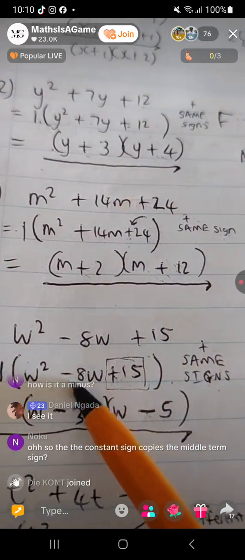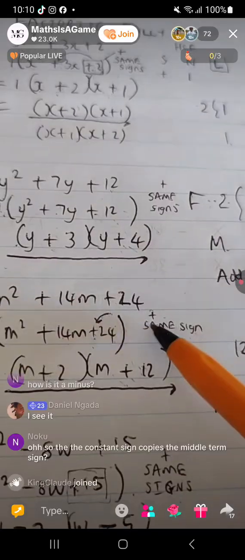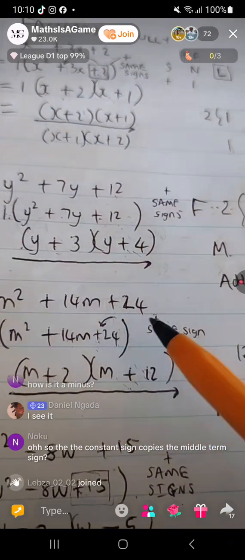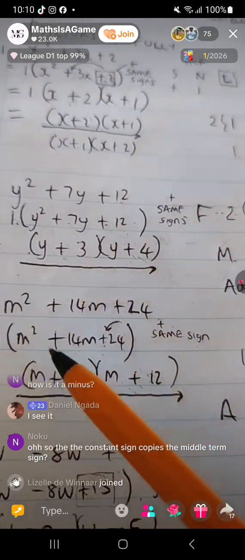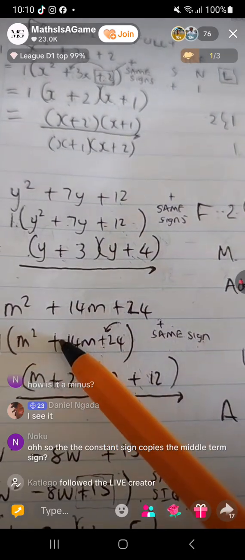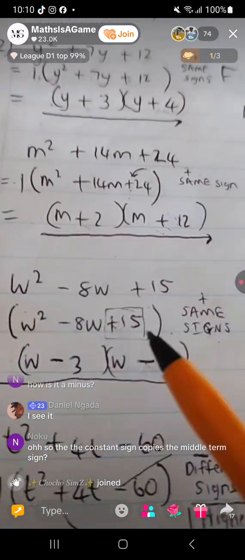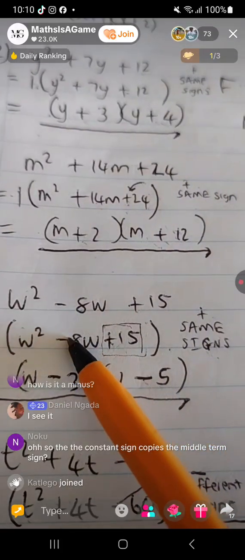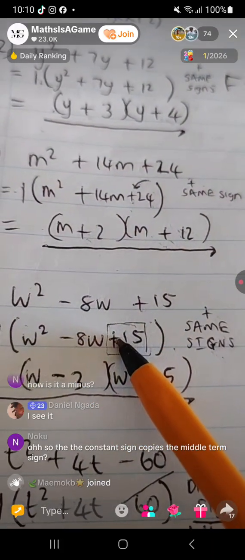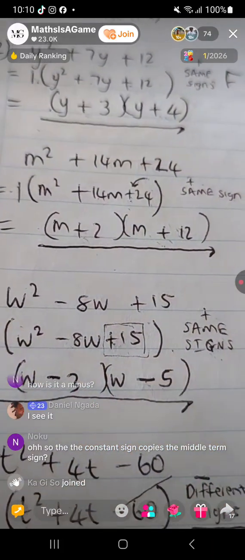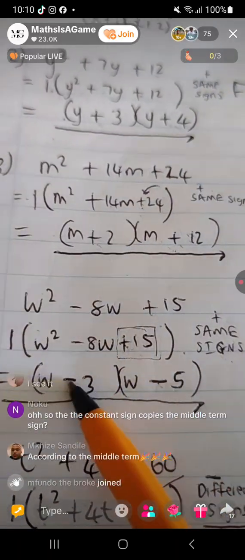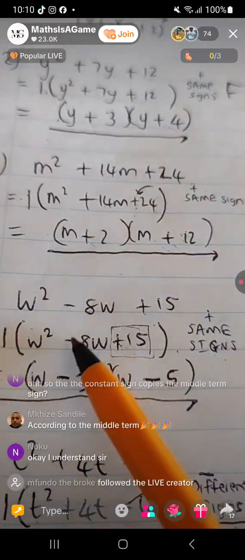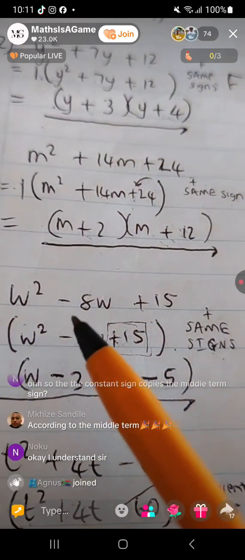It is the sign of the middle term. That's why you have positive, positive. But here, because the sign is negative and positive means same sign, you have negative and negative. These are the same signs that we should have, according to the sign of the middle term.